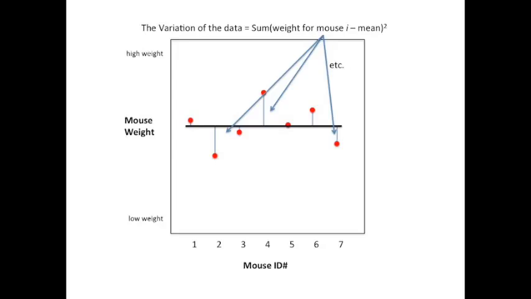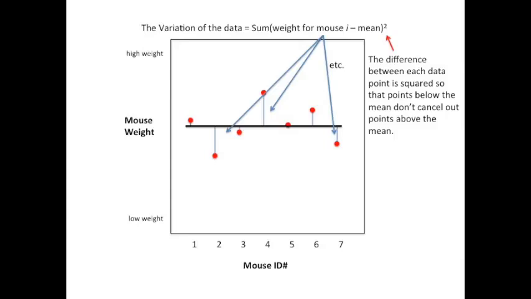We can calculate the variation of the data around this mean as the sum of the squared differences of the weight for each mouse i, where i is an individual mouse represented by a red dot, and the mean. The difference between each data point is squared so that the points below the mean don't cancel out the points above the mean.